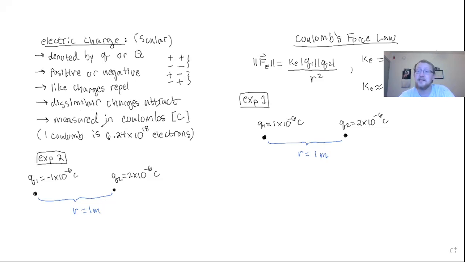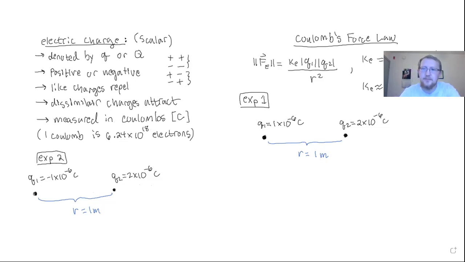And 1 coulomb is now defined, of course, they had no idea what electrons were in Coulomb's time, but we've decided to define 1 coulomb as 6.24 times 10 to the 18 electrons. That's quite a bit of charge, and I think you'll find that a coulomb is quite a lot of charge. So we usually won't be dealing with a full coulomb. That doesn't show up very often.